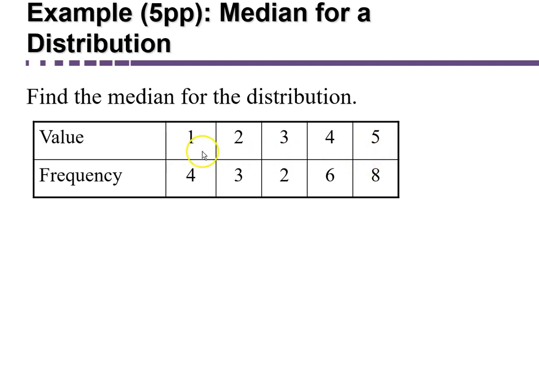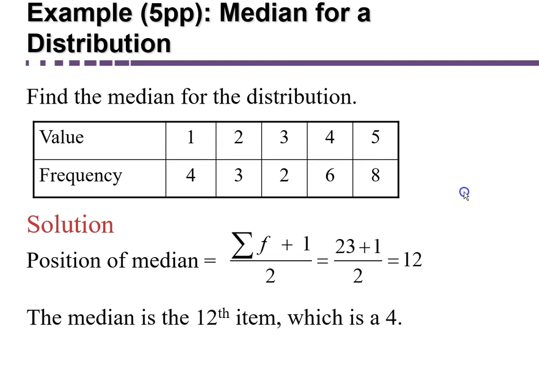So what would be the median of this? Well, you would have to add their frequencies together, and if you add all of these frequencies, you get 23. And the formula for median for a distribution was add 1 to it. So this makes it 24. Dividing it by 2, you get a 12.